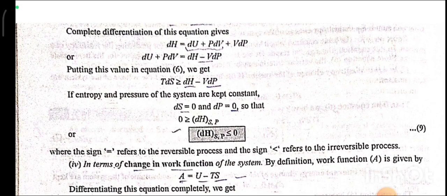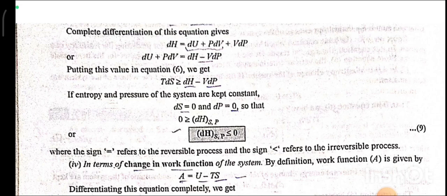In terms of enthalpy change of the system, by definition of the enthalpy H, we know H is equal to U plus PV. Complete differentiation of this equation gives dH is equal to dU plus PdV plus VdP. So dU plus PdV is equal to dH minus VdP. Putting this value in equation 6, we get TdS is greater than or equal to dH minus VdP.